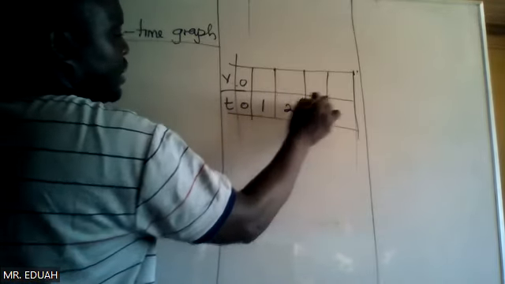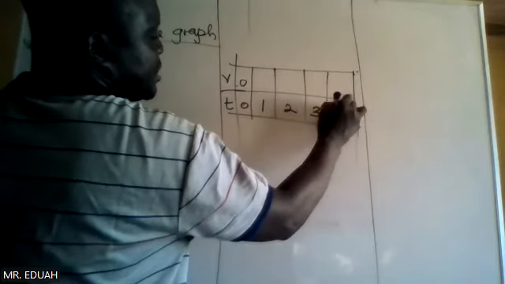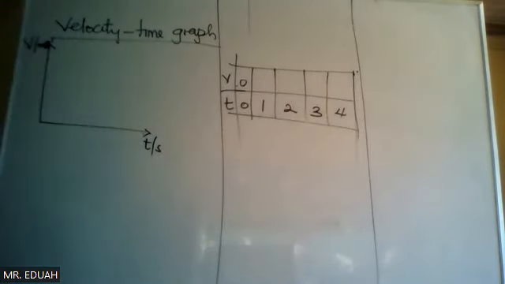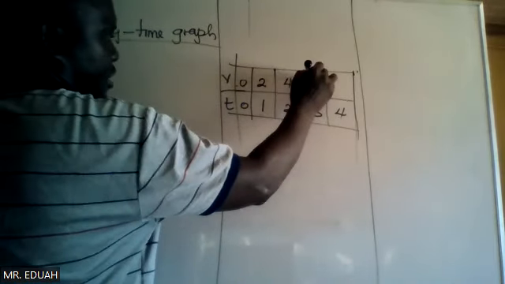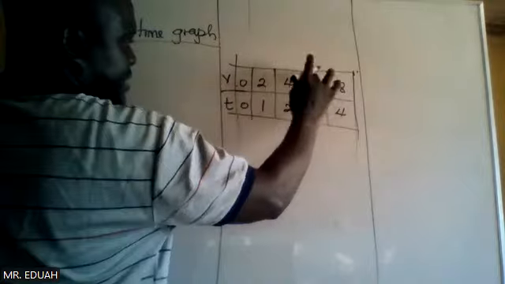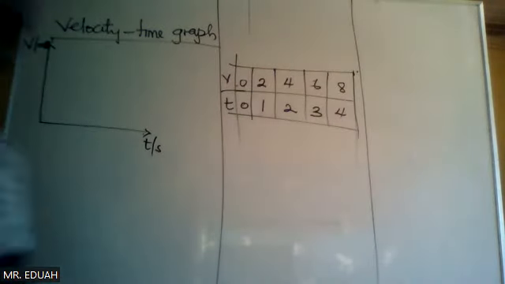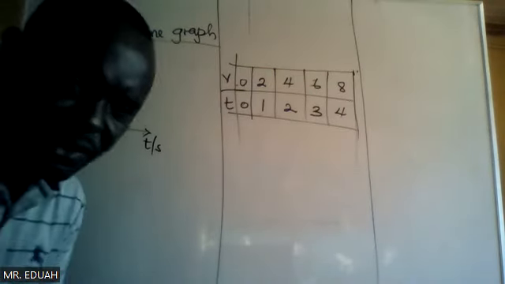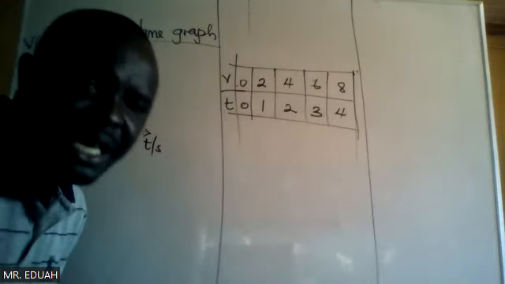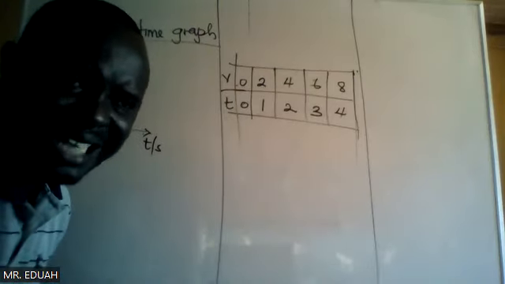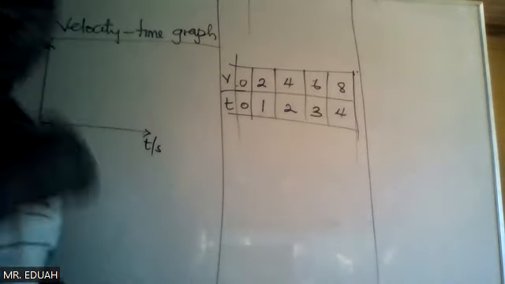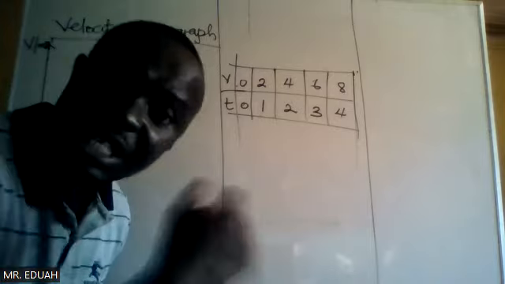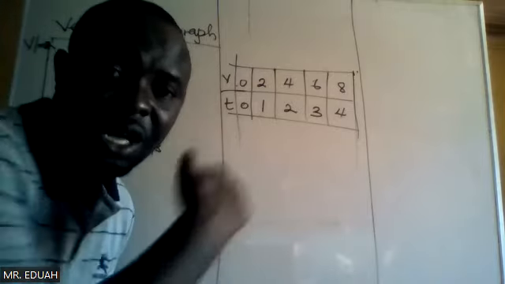Then 1, 2, with time increasing within equal intervals, velocity is 2, 4, 6, 8. So time increasing within equal intervals, the body covers equal distances within a specified direction, displacement. So within equal time interval, the displacement of the body is also in equal intervals.